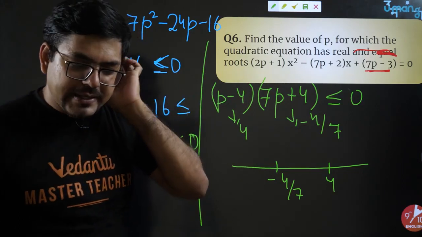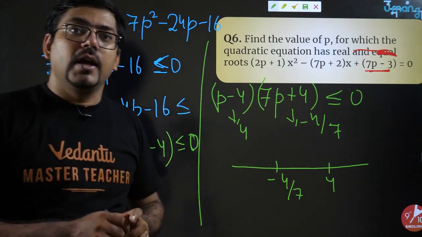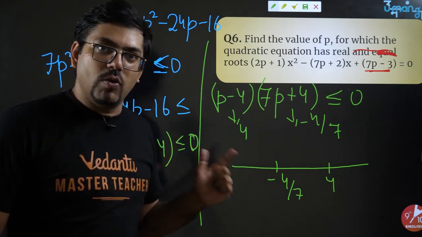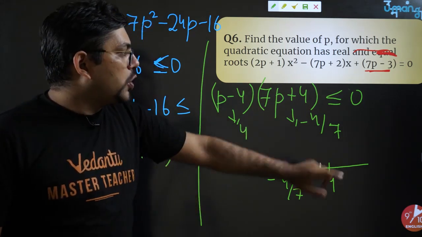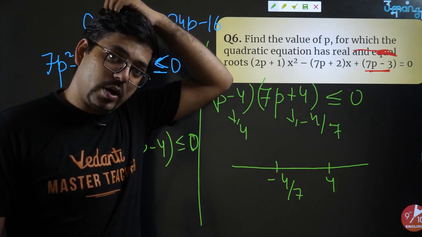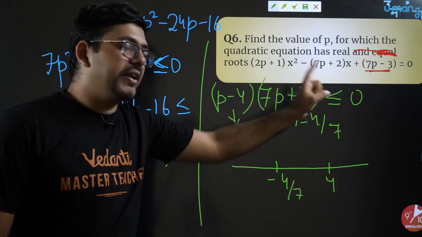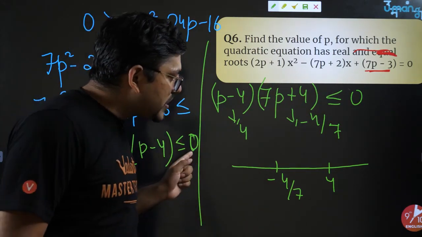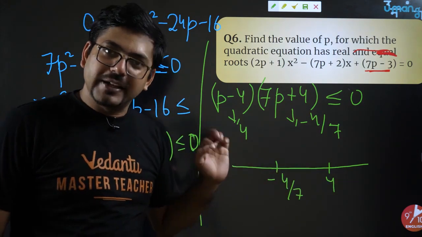I'm just dictating. Whenever you get to solve a quadratic equation where you have an inequality, first point, you shall draw the number line.